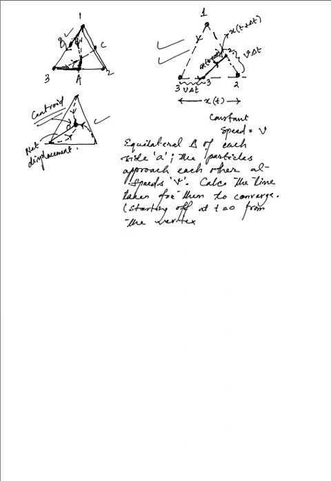So from their respective vertices, they will be starting off at t equal to 0, then they will be approaching each other, and in the process they will be headed towards the center and they will be meeting there. So we need to calculate the time. Now in this case we are dealing with the triangle that is at hand, and I have already given you a picture of how we approach it.